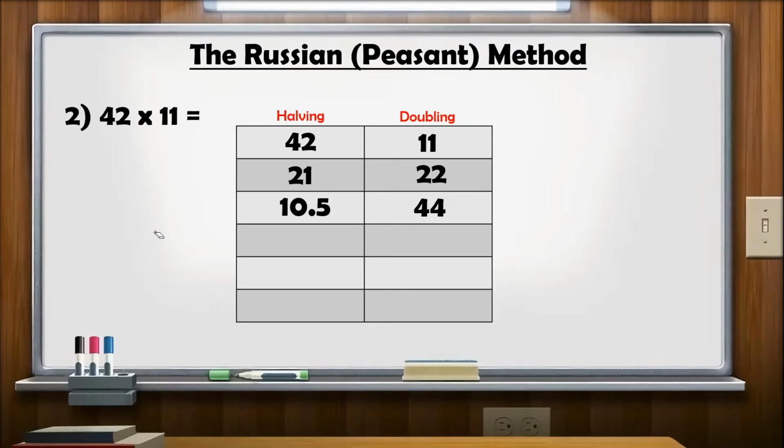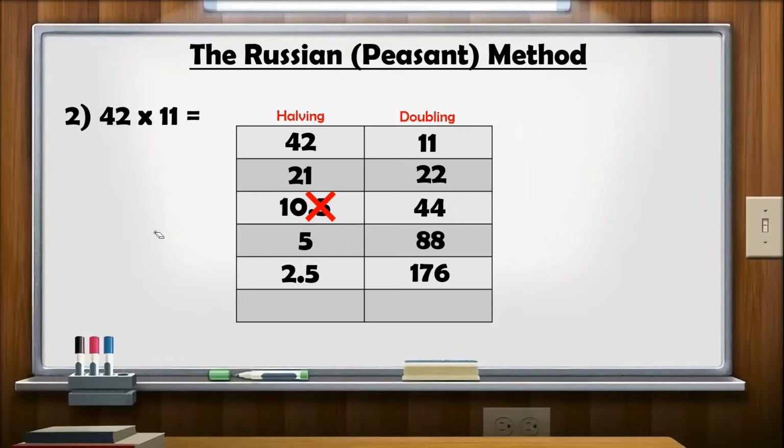Now the same rule applies from question 1. When you get a decimal or a remainder, you have to ignore it and work with the whole number. So in this case, 10.5 will be 10. So half of 10 is 5, and double 44 is equal to 88. Half of 5 is equal to 2.5, and double 88 is equal to 176.